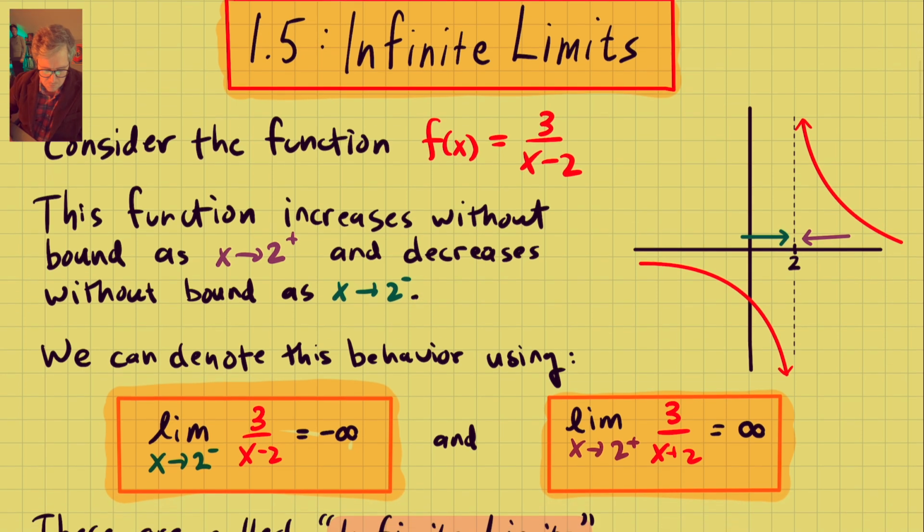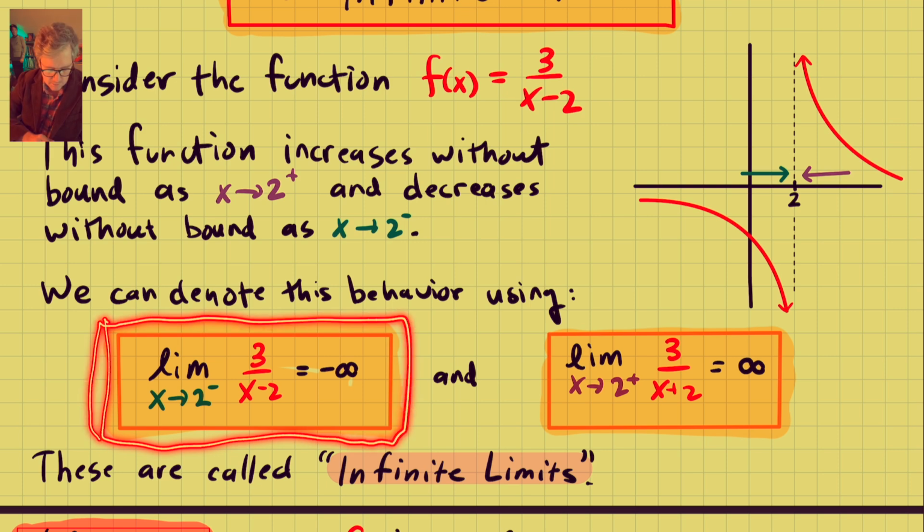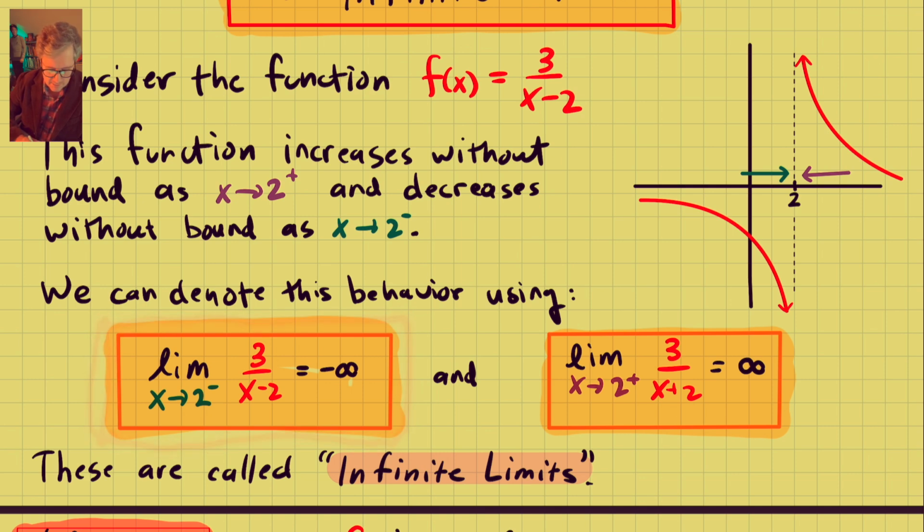And we can denote this behavior using this notation, right? The familiar limit notation. What this says is that the limit as x approaches 2 from the left of 3 over x minus 2 is equal to negative infinity. Now earlier we saw that under our previous definition of limits, we can't have a limit at infinity because infinity is not a real number.